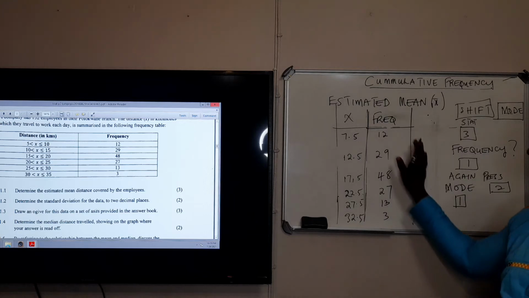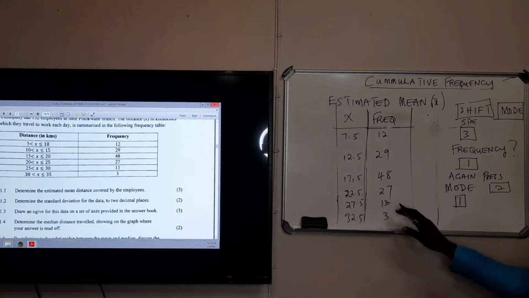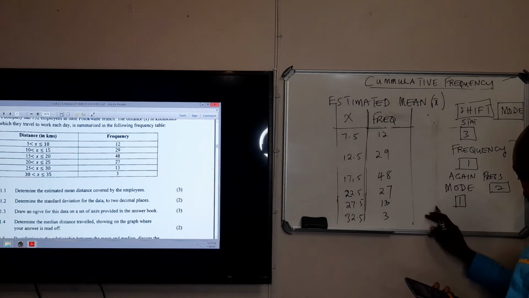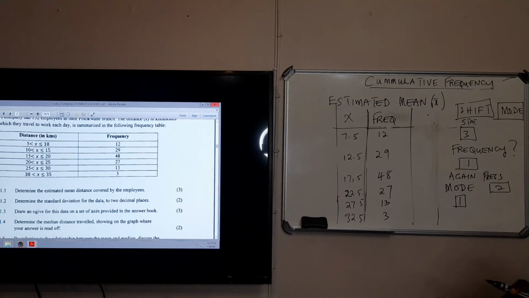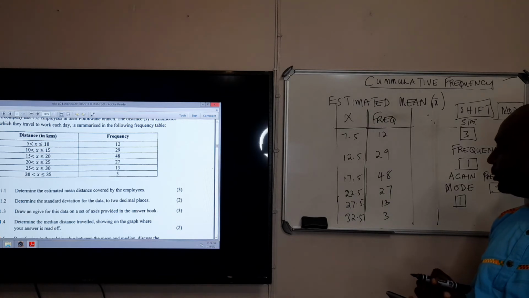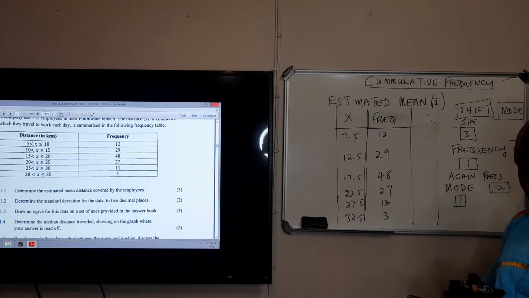After you have captured this information on the calculator, you press your AC. So let's deal with the number 7,5, equal sign. 12,5 equal sign. 17,5, press your equal sign. 22,5, press equal sign. 27,5, you press your equal sign.